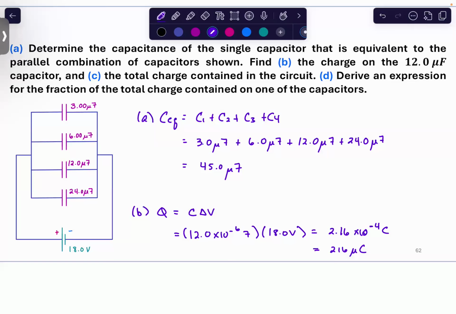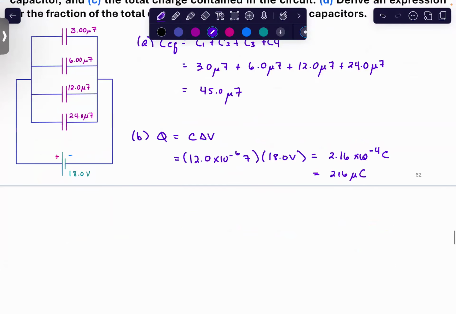All right, so part C, the total charge contained in the circuit. If we're doing a total anything of the circuit, what do we use? Because for a total anything in the circuit, we can use the equivalent capacitor.